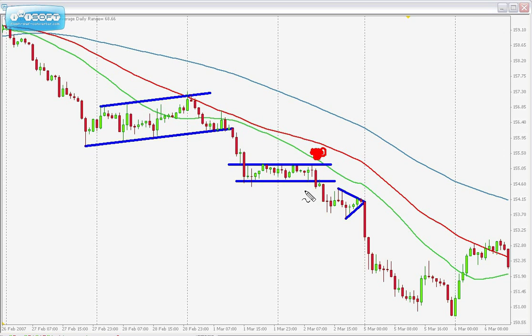Nonetheless, we see the same price behavior. We come from above, nice swing down, market takes a breath, reaches the area, or more or less a few pips shy of the area of dynamic resistance. We break to the downside, then we enter another area of congestion, in this case forming a very small triangle.